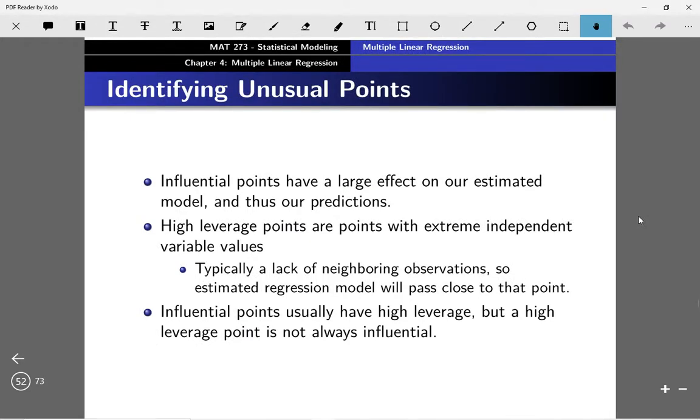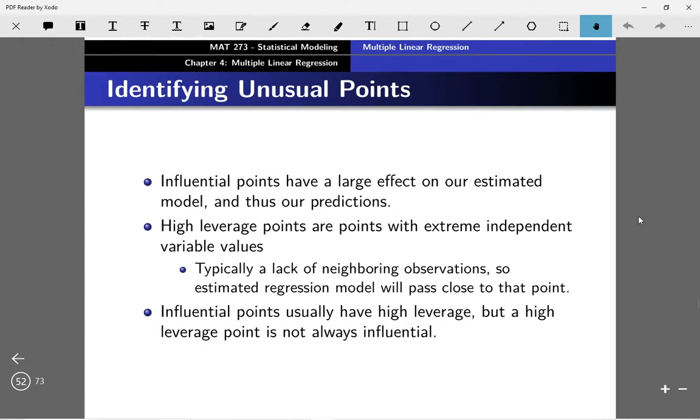So the reason we care about these is because they affect our hypothesis tests. They can potentially violate a lot of those assumptions, that the errors are IID normal, for example.